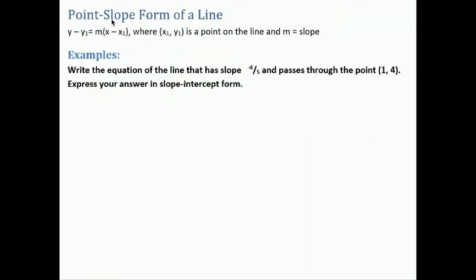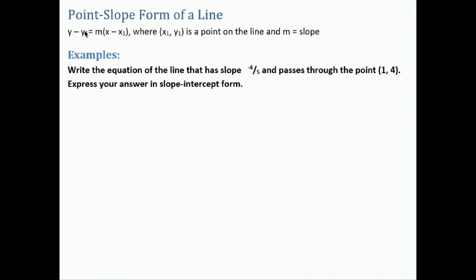Here we have another form for the equation of a line. It's point-slope form. This is helpful when you have some other information besides just the y-intercept and the slope. So we'll be using this throughout the rest of this lesson, so you need to commit this to memory.